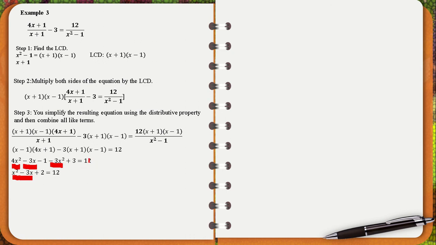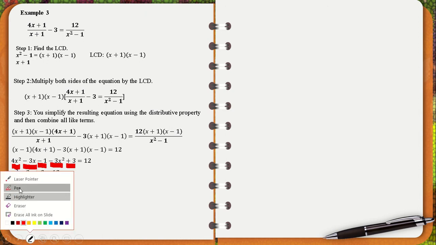Ito naman ay, paano natin nakuha yung 2 dyan? So, negative 1. Negative 1 plus 3 is positive 2. Kaya meron tayong x squared minus 3x plus 2 equals 12. Simplify pa. So, x squared minus 3x minus 10. Bakit naging 10 na lang to? Nilipat po natin yung positive 12 dyan.